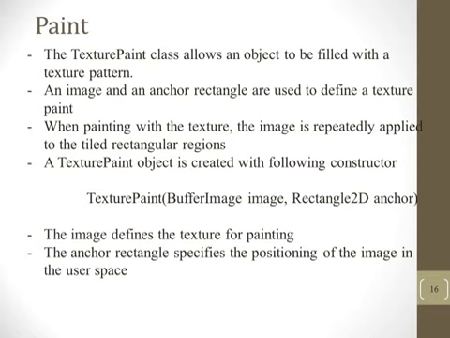So a stroke may include attributes such as the width of the line, the dash style of lines, the cap shape at the end of the line, and the style at the joins of lines. We will see the stroke interface in the next slide.